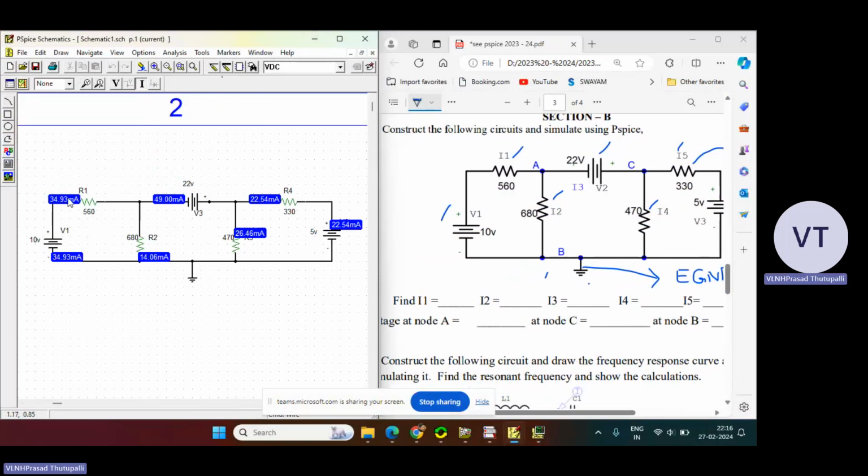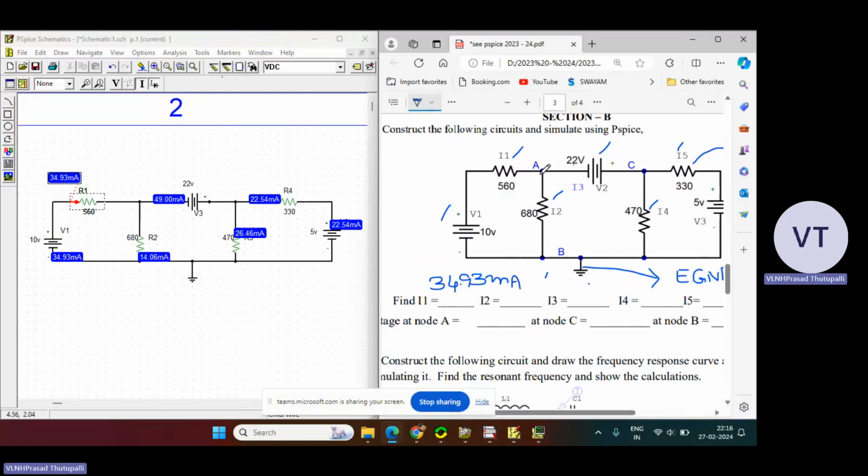Okay, so you can see the direction of the current. So 34.93 milliamps. The current flowing through this particular branch is I1, that is nothing but 34.93 milliamperes. You write that here, 34.93 milliamperes.